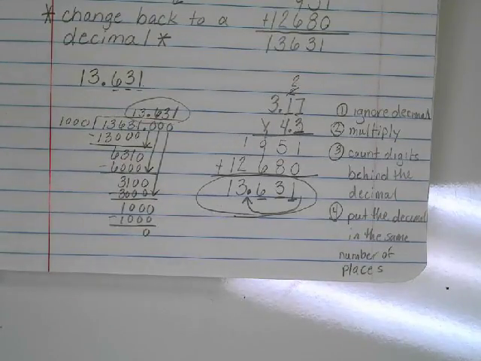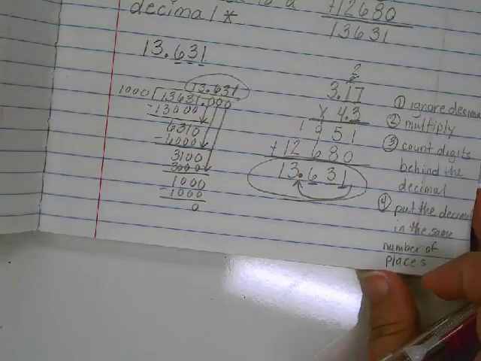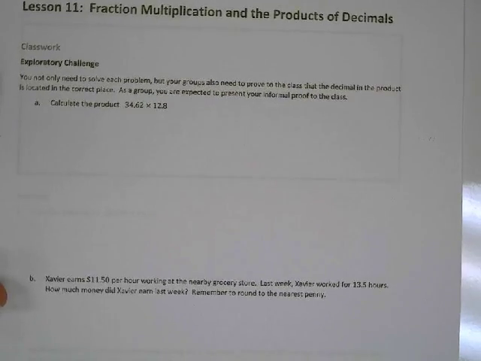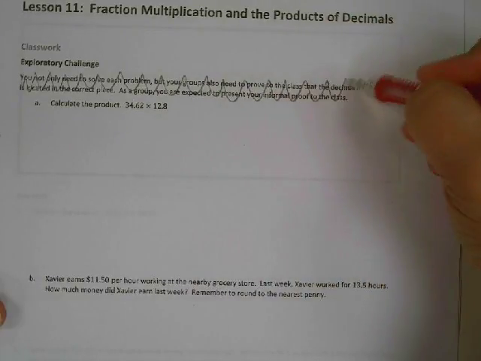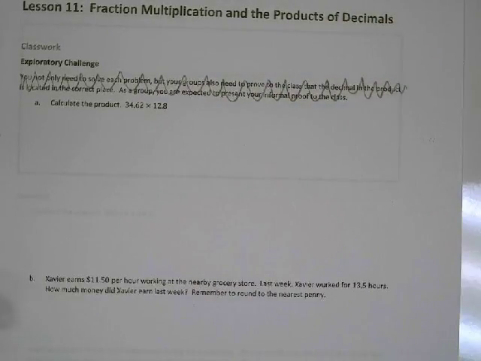So now if you'll go ahead and take out your book and open it up to lesson 11 in module 2, we are going to take a look at some things and actually change a few things around. We're going to cross out these instructions here because we're going to do things a little bit differently.